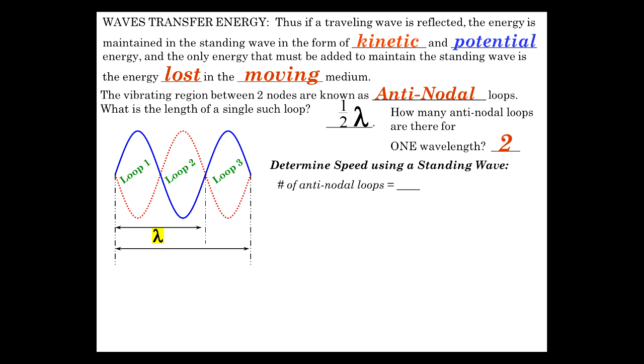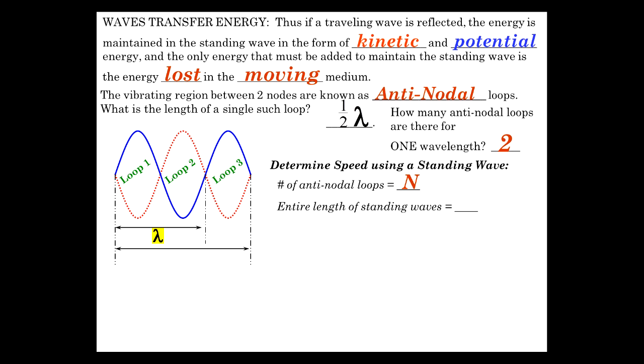The results I'm just going to list here, but you'll get the theoretical idea right now. So the number of antinodal loops we'll call n, how many antinodal loops there are in the medium. It's a finite medium from end to end, from say here to here. In this case we have 3, but there could be more.